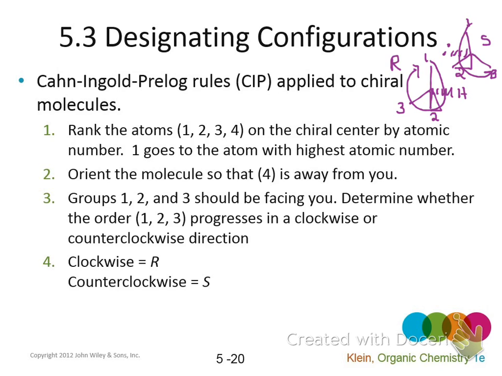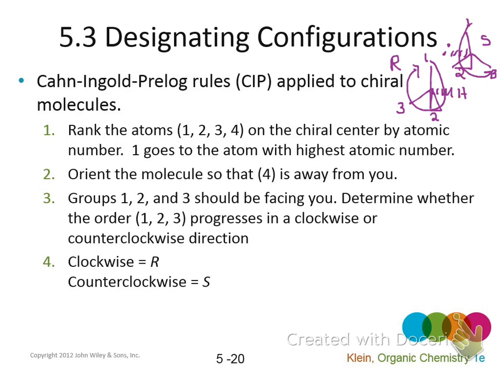Okay. So I always tell students, think of it like this. Let's say it's like that, okay? So I have literally all the way in the back, that's 4, and I'm not looking at it. So let's say it's 1, 2, and 3, and then make a circle like this.